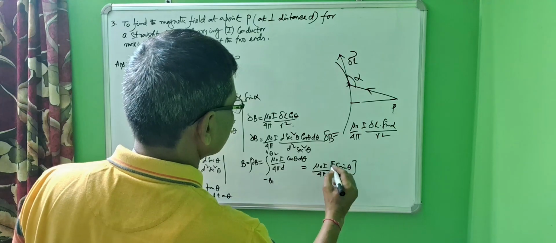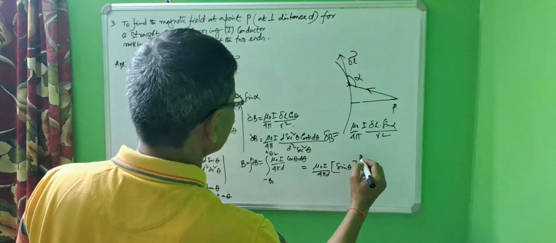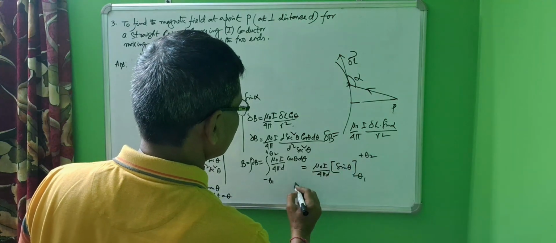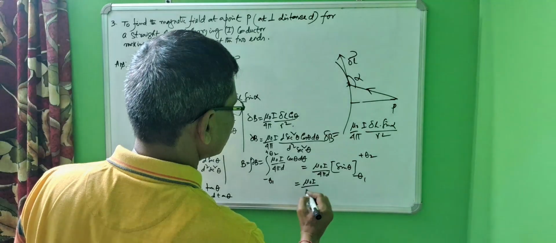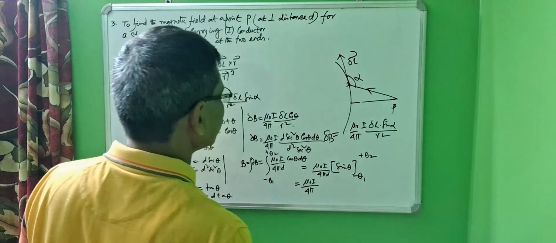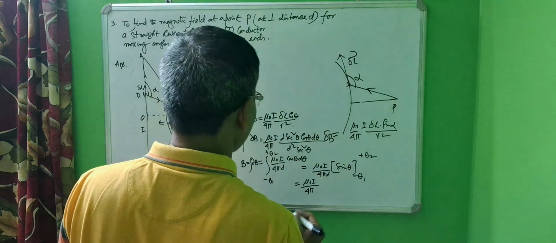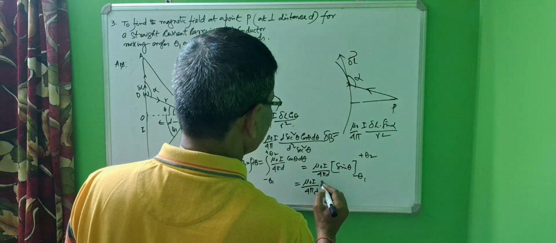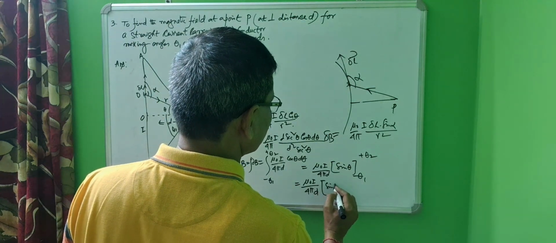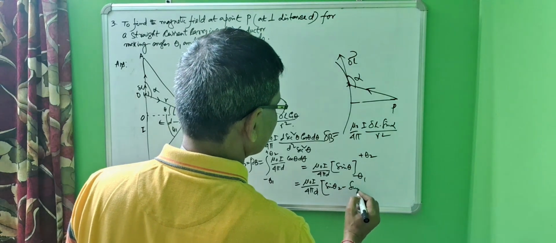sin theta from minus theta 1 to plus theta 2 equals mu 0 I upon 4 pi d, sin of theta 2 minus sin of minus theta 1.